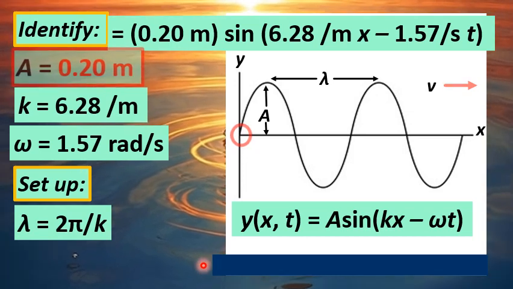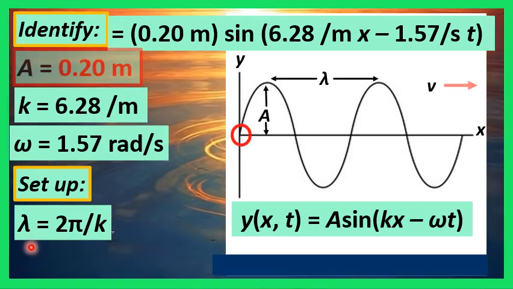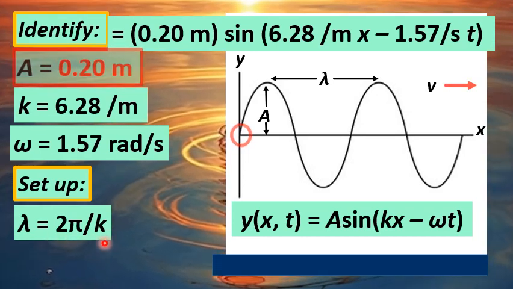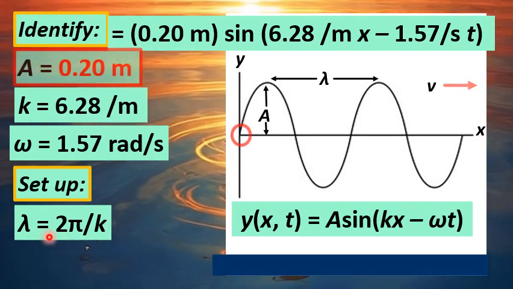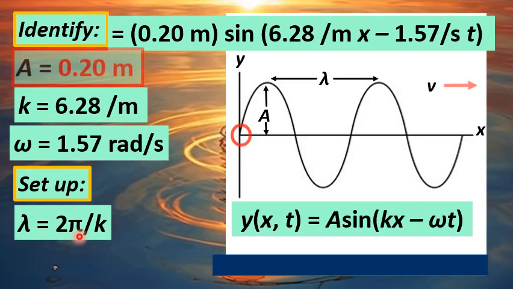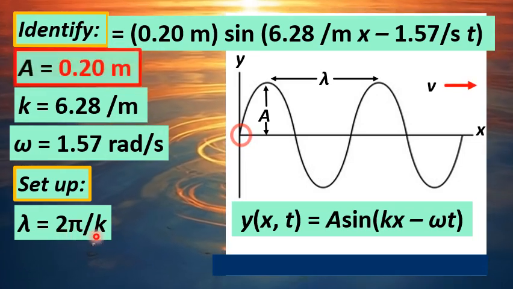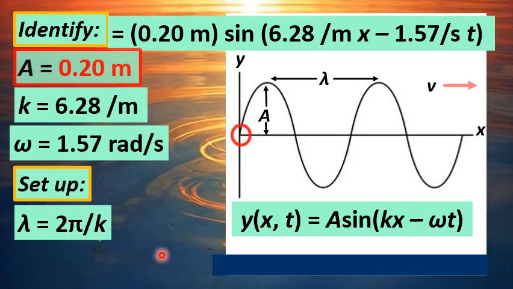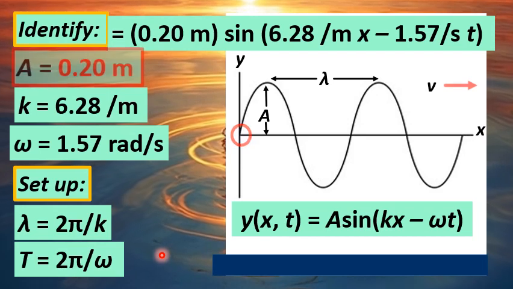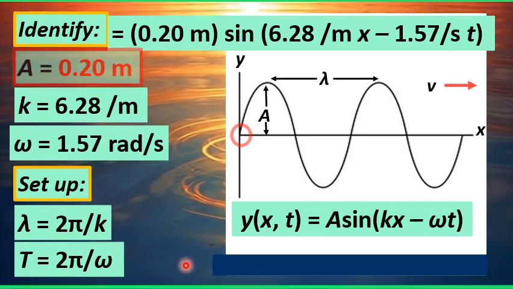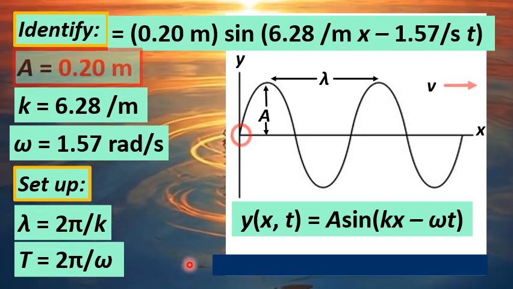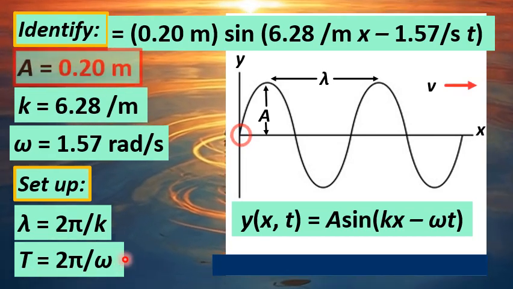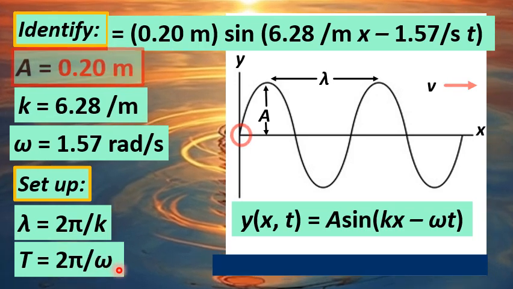So the first target variable is the wavelength, lambda. We can find the wavelength lambda by dividing 2 pi by the wave number k. The second target variable is the wave's period, capital T, which is just equal to 2 pi divided by the angular frequency omega.